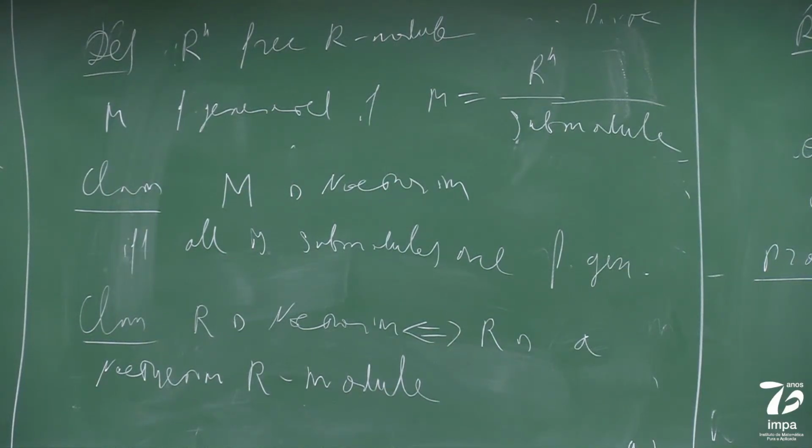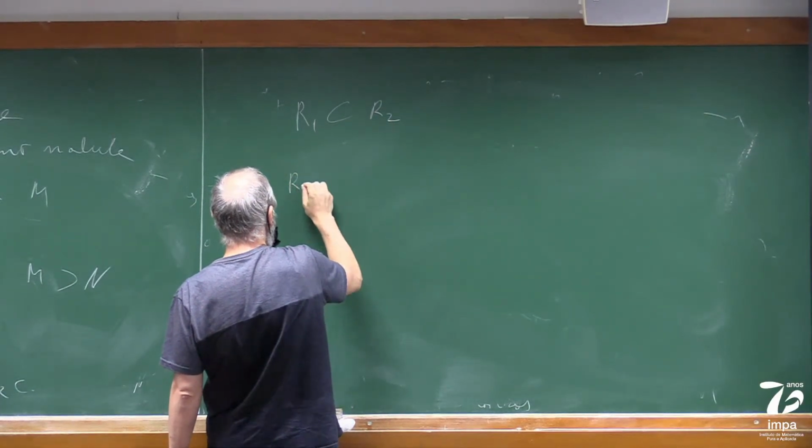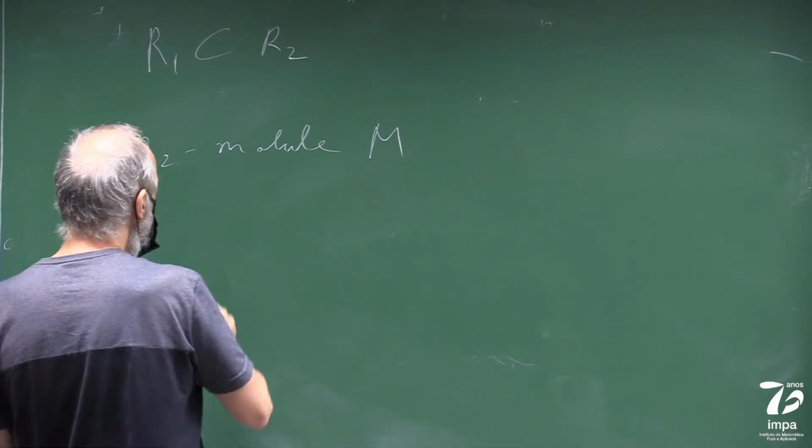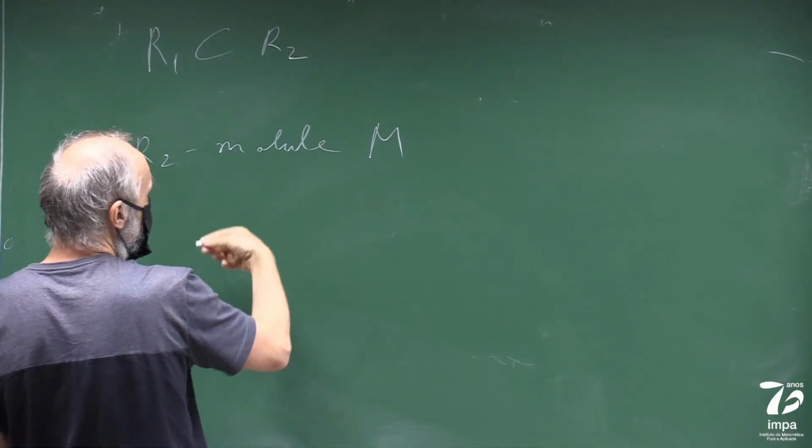Okay, there is another observation which is more or less trivial. It follows from what we had already discussed. If you have a ring R1 inside R2, and you have an R2 module M, we can consider it as an R1 module.